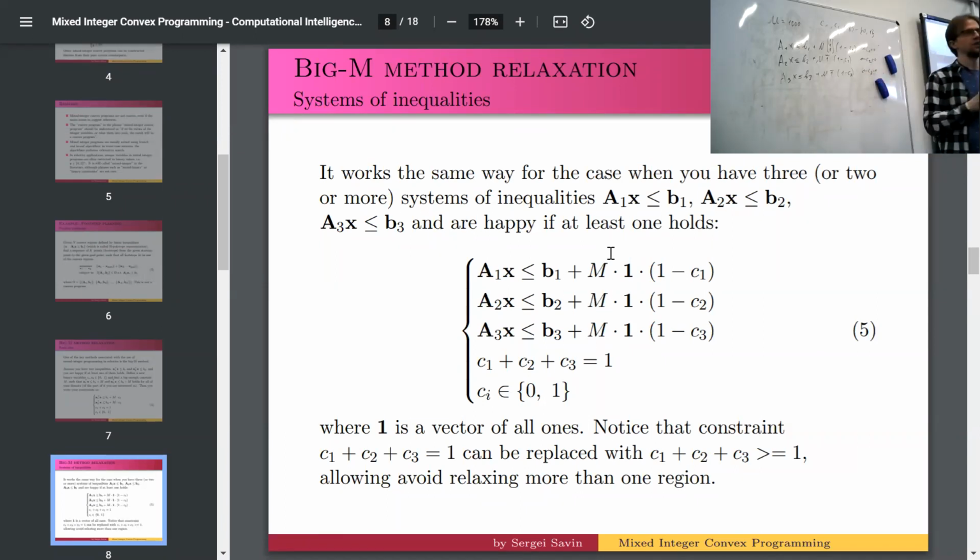What we want is to have only one inequality switched on, right? We don't want two switched on. We want one. At least one is good, but we will just ask for one. That means that C1 plus C2 plus C3 should be equal to 1. So at least one of them should be non-zero.